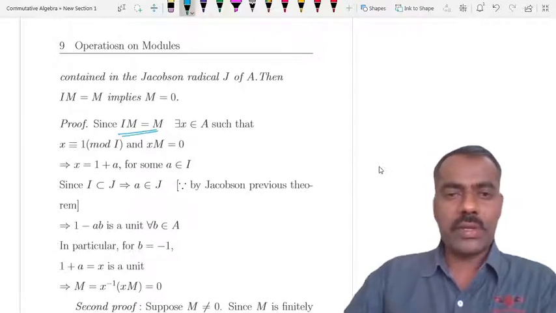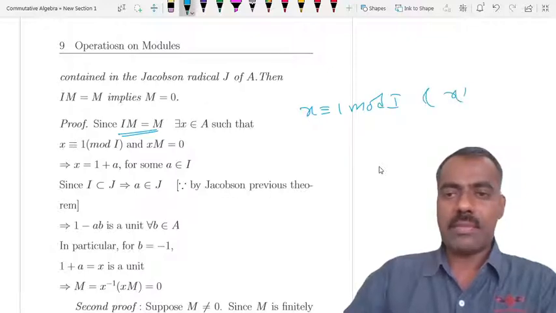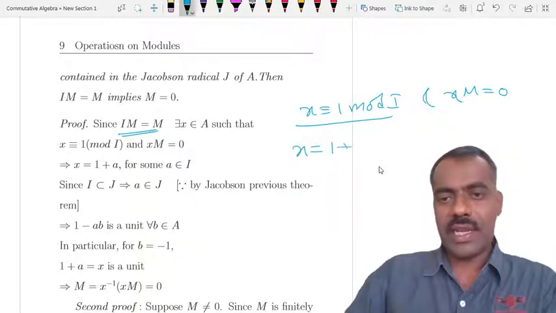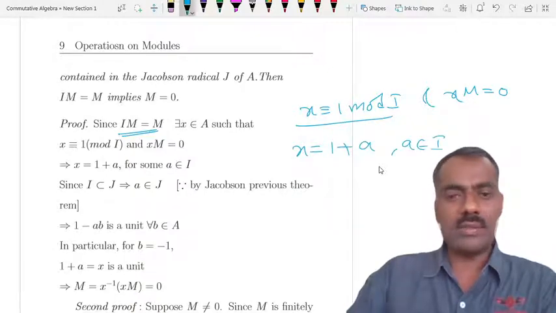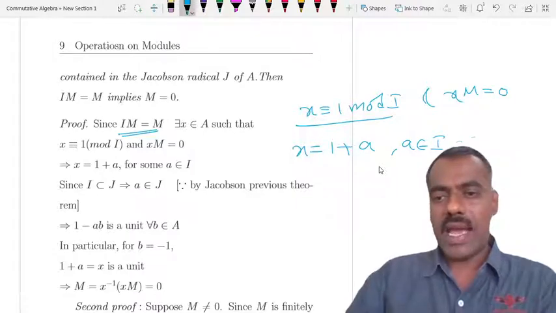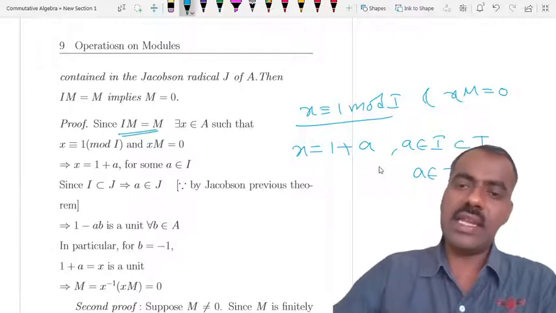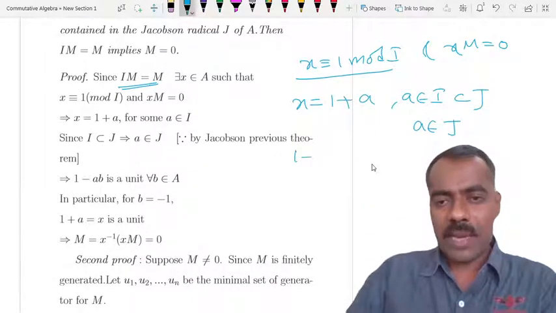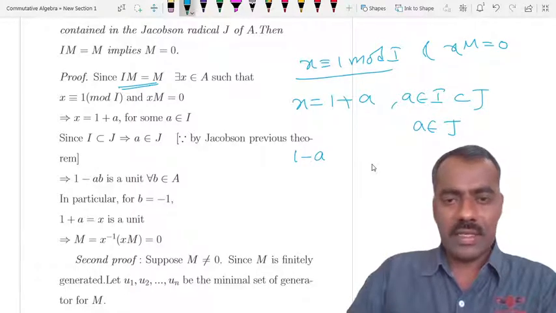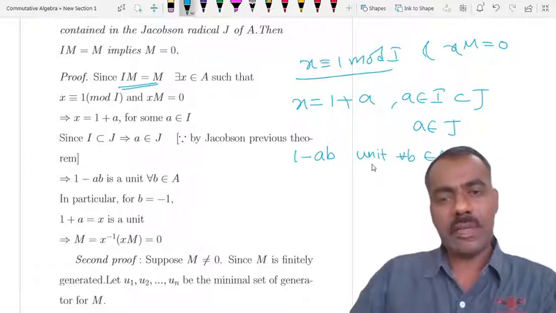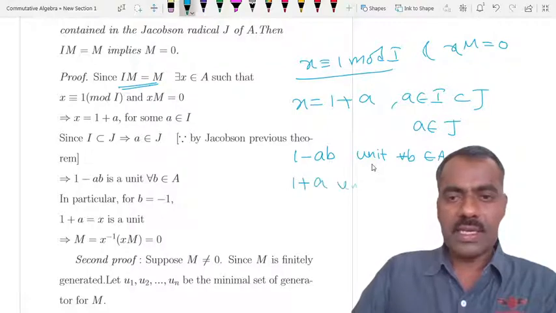Here I times M is equal to M. By using the previous corollary, there exists some x such that x is congruent to 1 modulo I and x times M is 0, right? But x congruent to 1 modulo I is the same as saying that you can write x equal to 1 plus a for some a belonging to I, but I is contained in J, so a belongs to J. Whenever a is an element of the Jacobson radical, then 1 minus a times b is a unit for every b in A. So in particular, if you take b equal to minus 1, then 1 plus a is a unit, right?